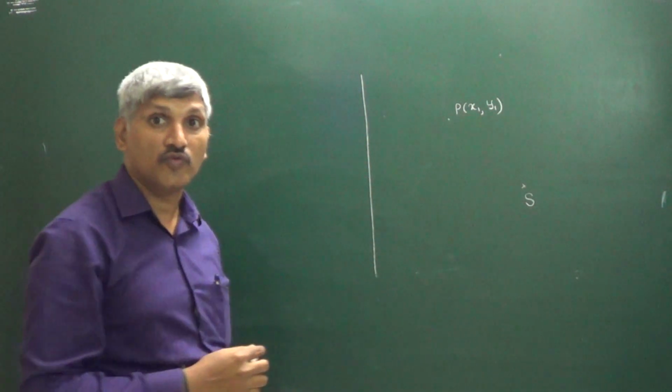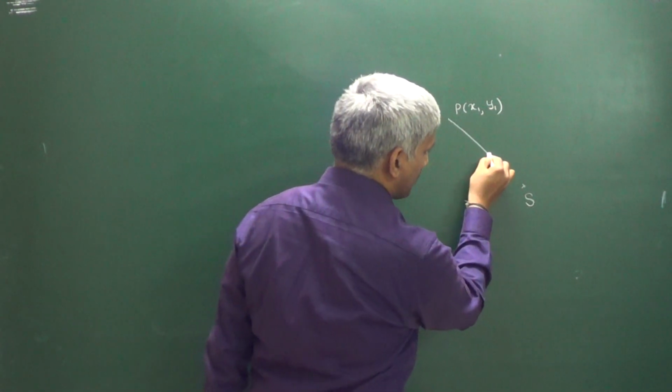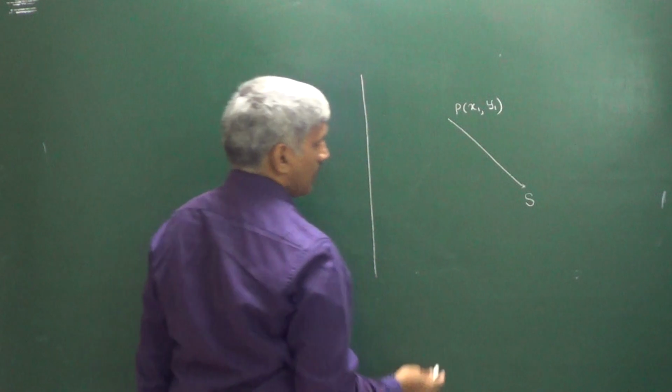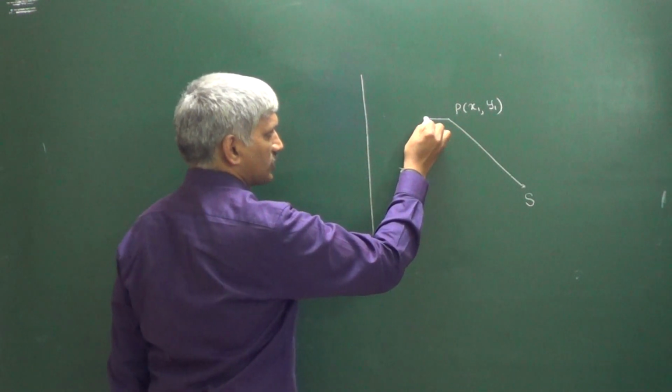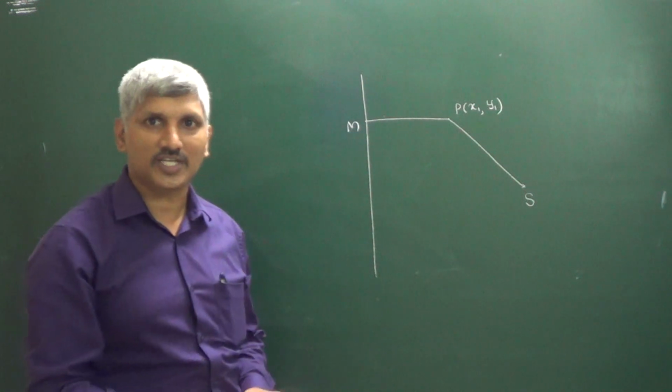A point is moving in such a way that the ratio of its distance from a fixed point, that means SP, to its distance from a fixed line is considered.